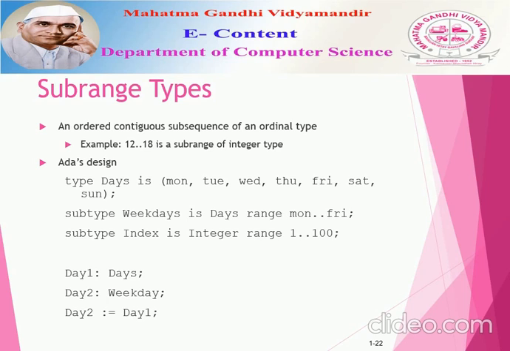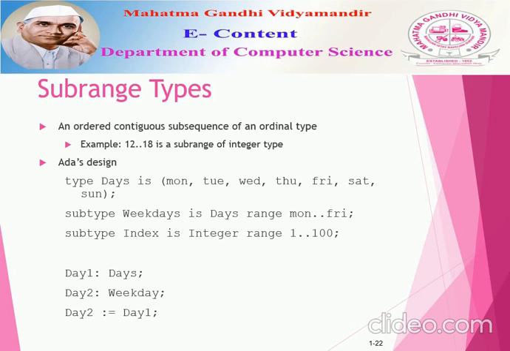In Ada's design, see type Days, where we have listed the days. Subtype Weekdays is Days range Monday..Friday. Subtype Index is Integer range 1..100. How will it work? Day1: Days; Day2: Weekday; Day2 := Day1.